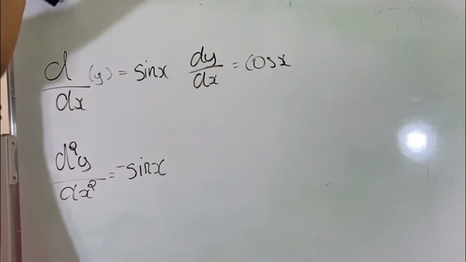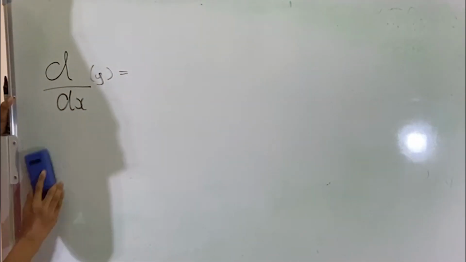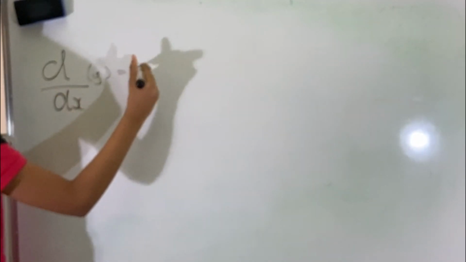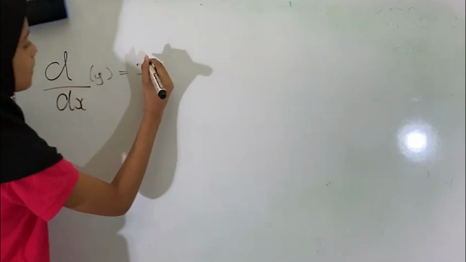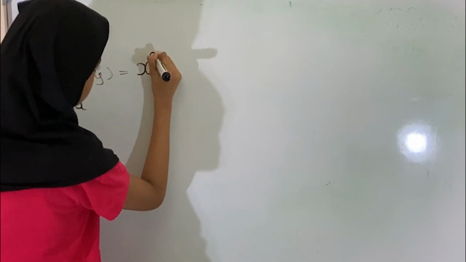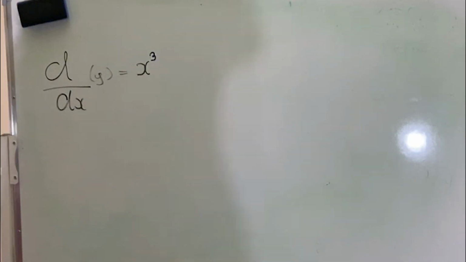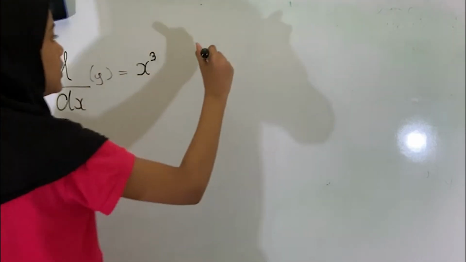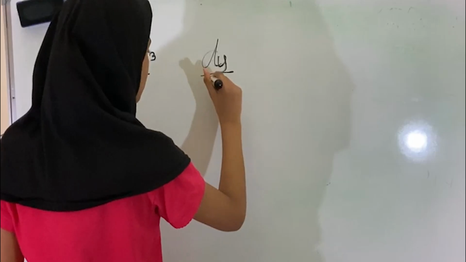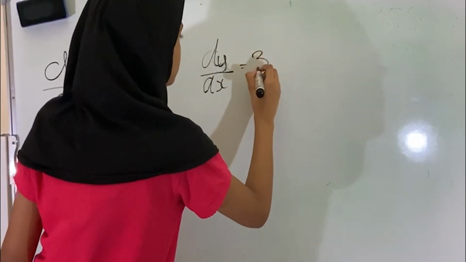I'll write another question here: x cube. If the question is x cube, how do we find d square y by dx square? The dy by dx for x cube is going to be 3x square.